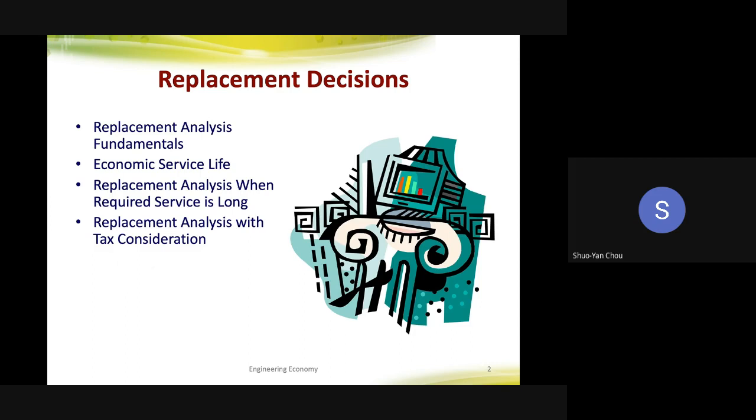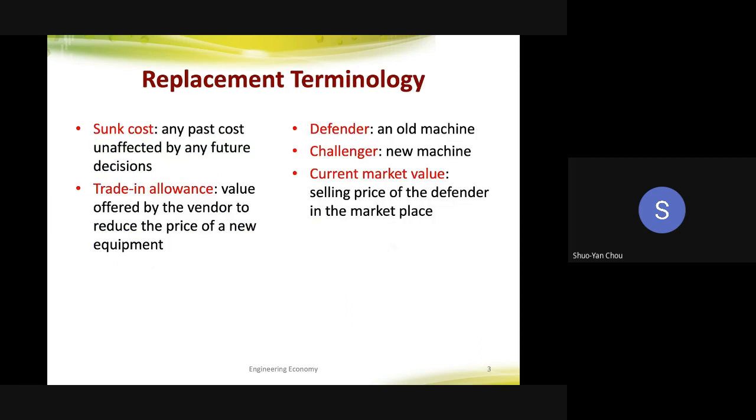If you replace it, the new investment, in fact, will cause a difference in the money occurring at the time, resulting in tax differences. So there are a few terminologies that we need to explain.